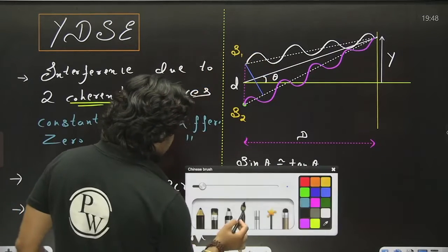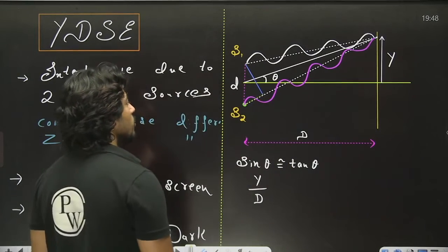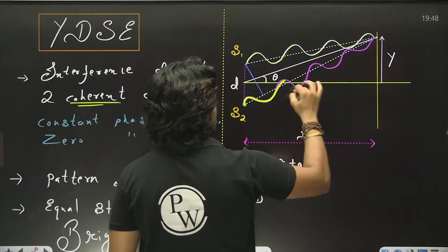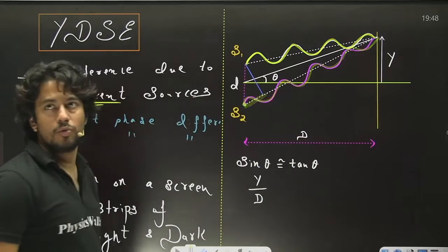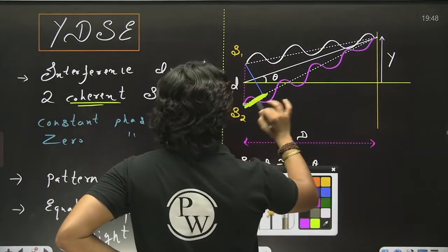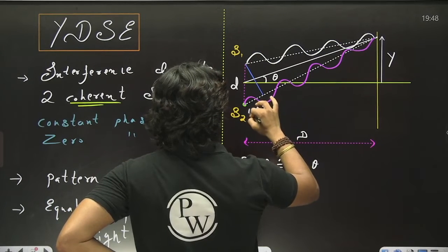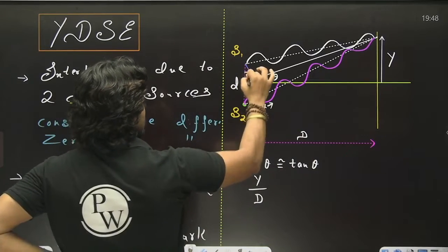This much is the path difference between the two waves. Let's say this path difference over here is delta x, and this angle is theta.